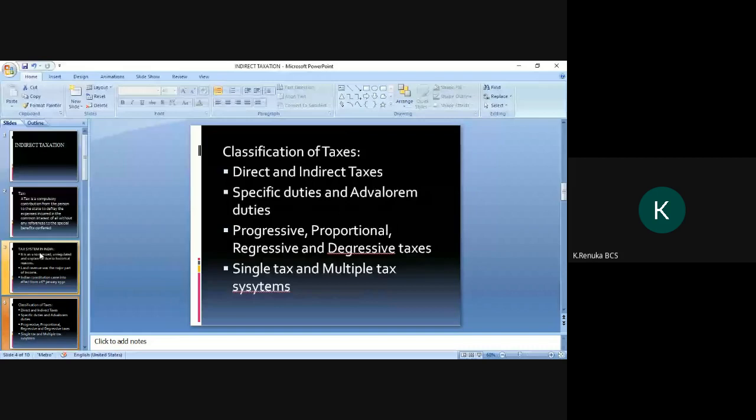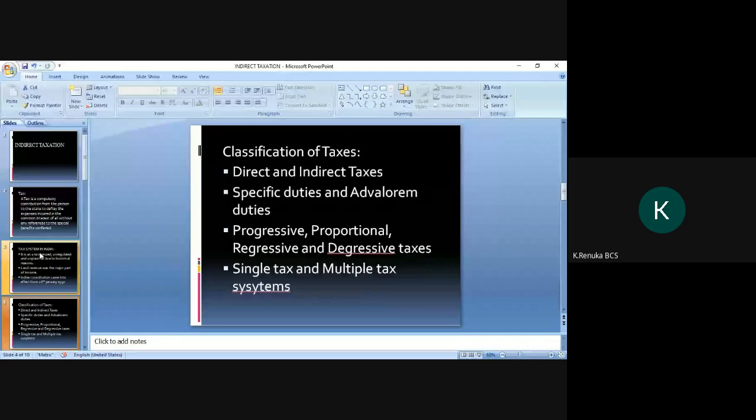Tax is posted on the quantity held, and sugar on the basis of weight is called specific duty. So specific duties are levied on the physical product.